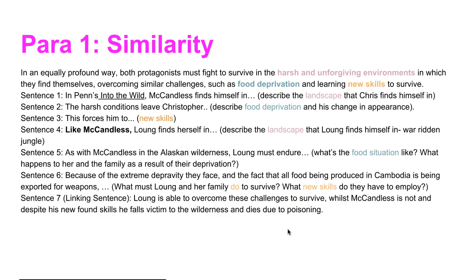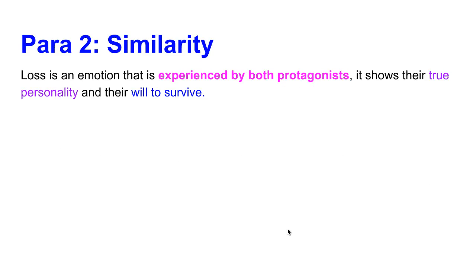And then the following 2 slides are just some topic sentences that you could also use for this prompt. So that is, loss is an emotion that is experienced by both protagonists. It shows their true personality and their will to survive. And these are the 3 things you would talk about in that paragraph.